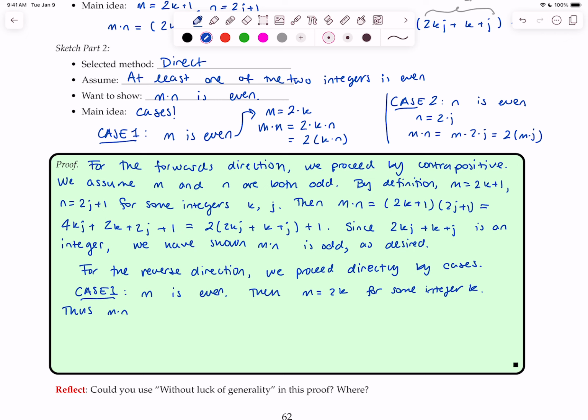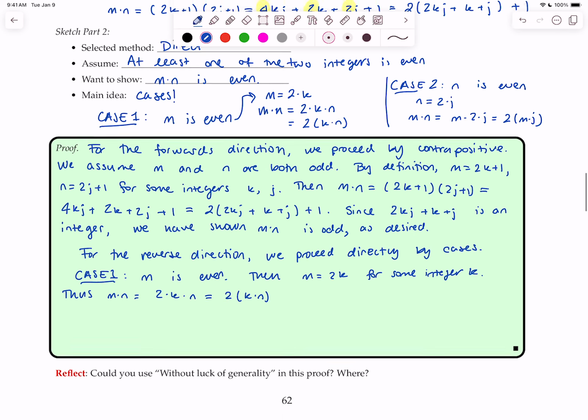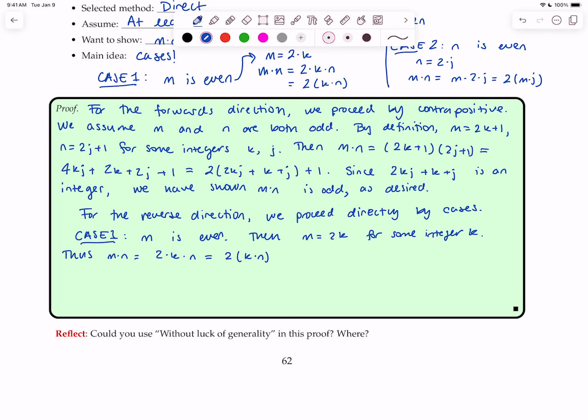So m times n is 2 times k times n, which, if you want to be super clear, we can write like 2 times the quantity k times n in parentheses. So we've got 2 times an integer. So you can say, which shows m times n is even since k times n is an integer.